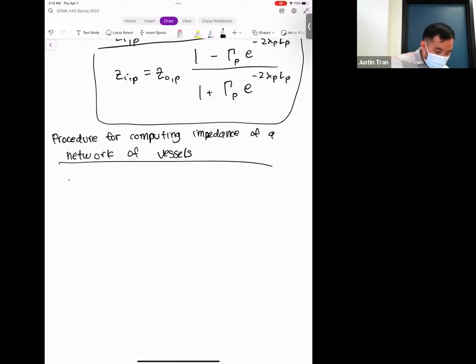This is not that different from the example, but it summarizes everything. Step one, you have to be given the terminal impedances for all the n vessels.